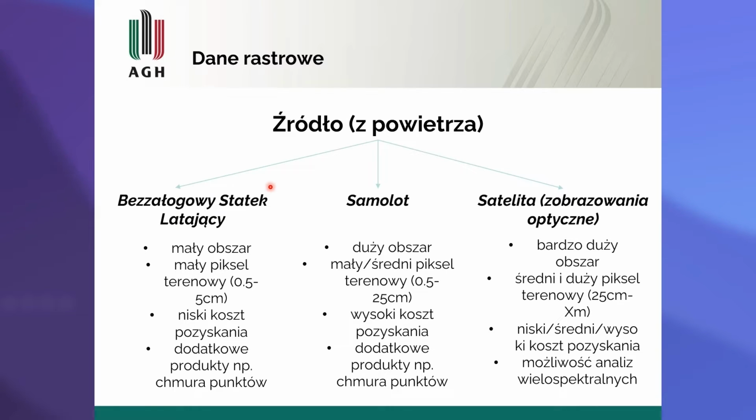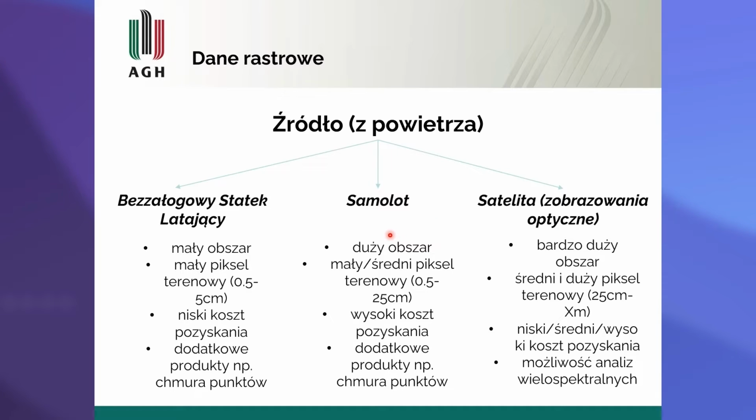So I would like to very briefly describe the features of raster data obtained from drones. In most cases, they cover a small area, but they have a small terrain pixel and low cost of obtaining them, and when taking measurements, it is most often possible to supply additional products like a cloud of points or an orthomap.